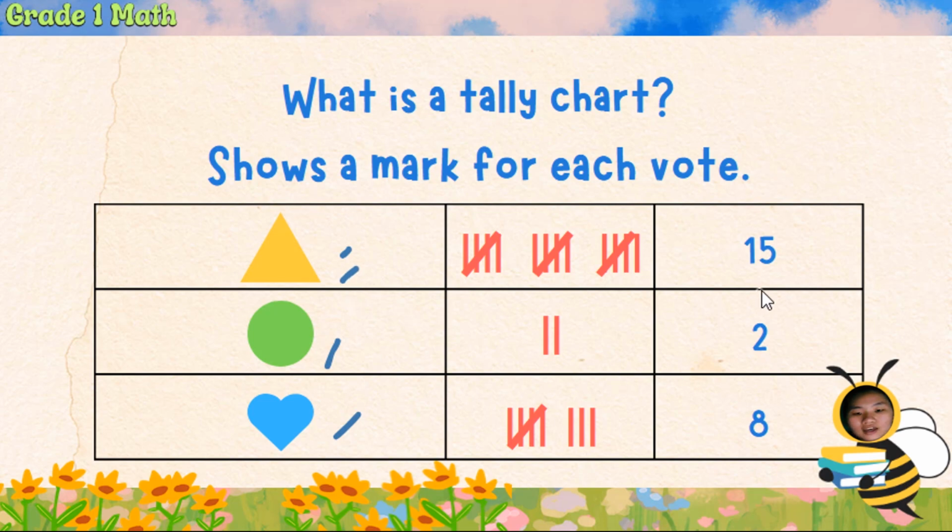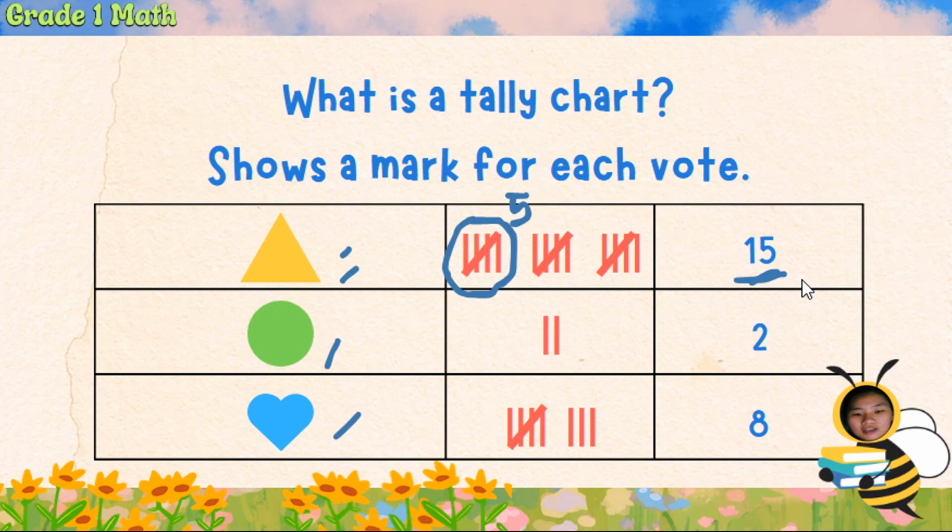We have 15, okay? Because every time you see this sort of sign or symbol, it means 5. So 5 plus 5 is 10. Plus another 5, that is 15.